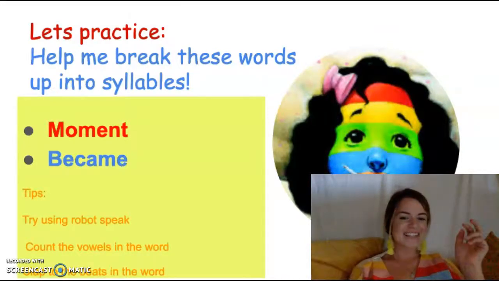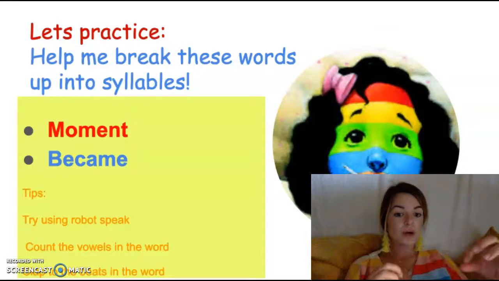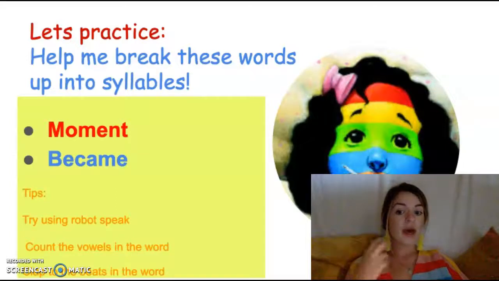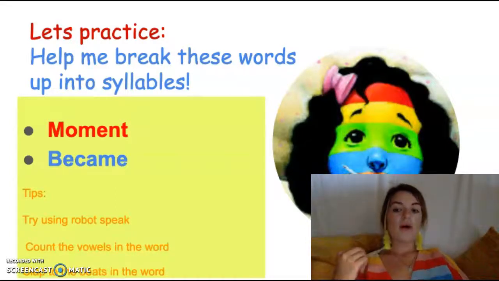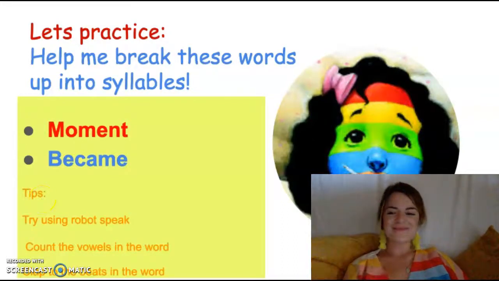Seems like it is correct. So this is a two-syllable word. Both of these are two-syllable words, and we can figure out where the break between the two parts of the word comes by using our methods like robot speak, counting the vowels, and clapping to the beat. So, two-syllable words, as we reviewed, means that it is a word that contains two syllables.